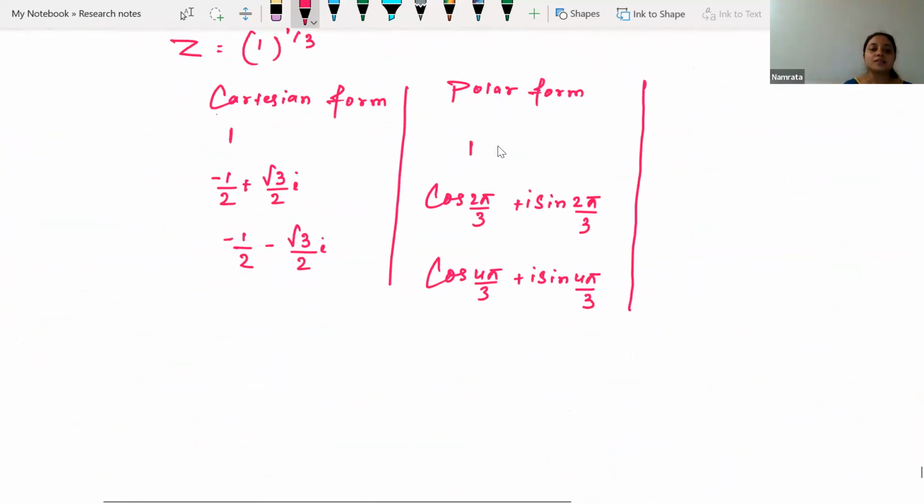So Euler says that cos theta plus I sin theta can be written as e to the power I theta.